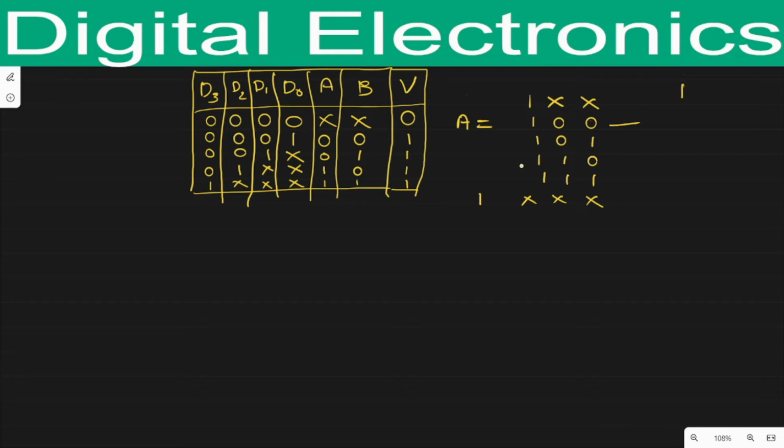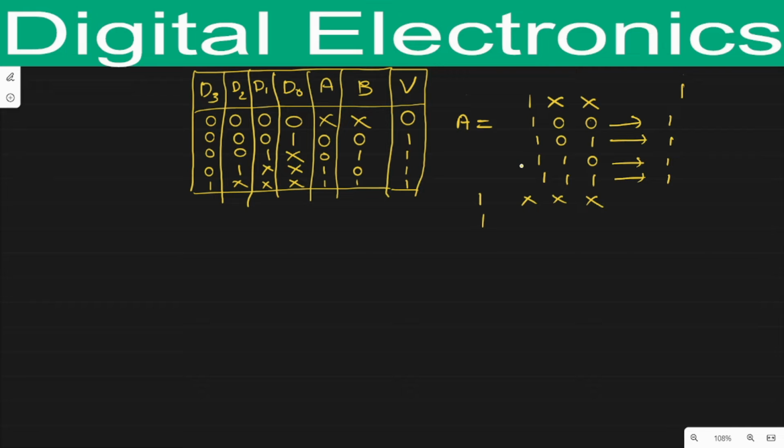It means that for all these possible inputs, the output A will be 1. Now the next combination is A with three don't cares.